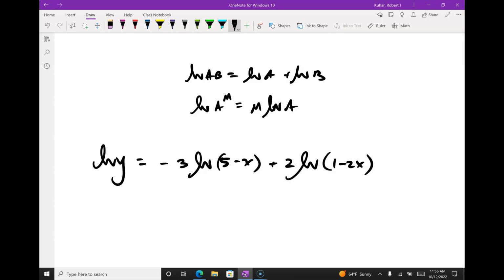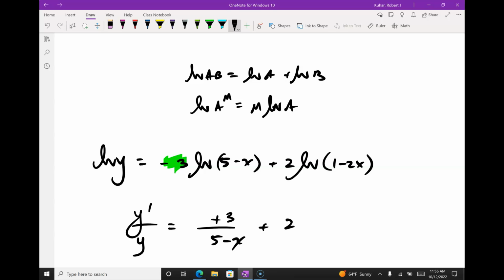Here we go. What's the derivative of ln of y? y prime over y, right? The inside derivative over the inside. What's the derivative of ln of 5 minus x? The negative 3 comes for the ride, right? So what's the derivative of ln of 5 minus x? Negative 1 over 5 minus x.